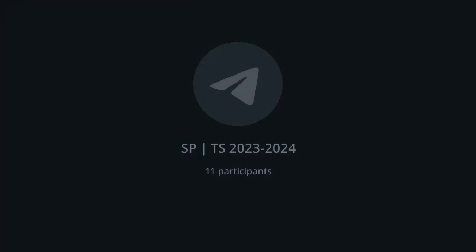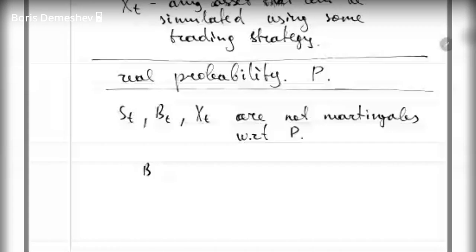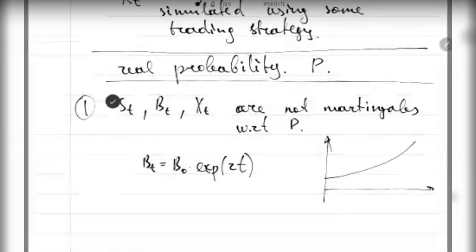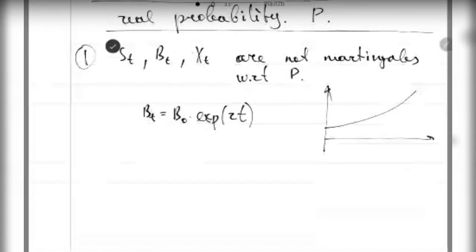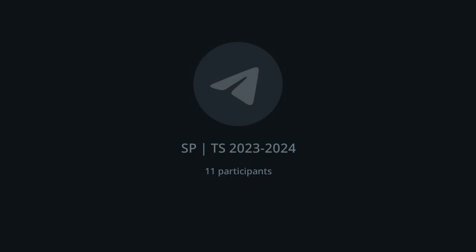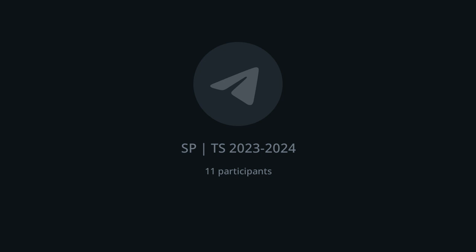For B_T is B_0 times exponent of RT, so it's not a martingale. So we decided to do some corrections. We decided to discount. If we have a riskless growth rate R, let's discount.